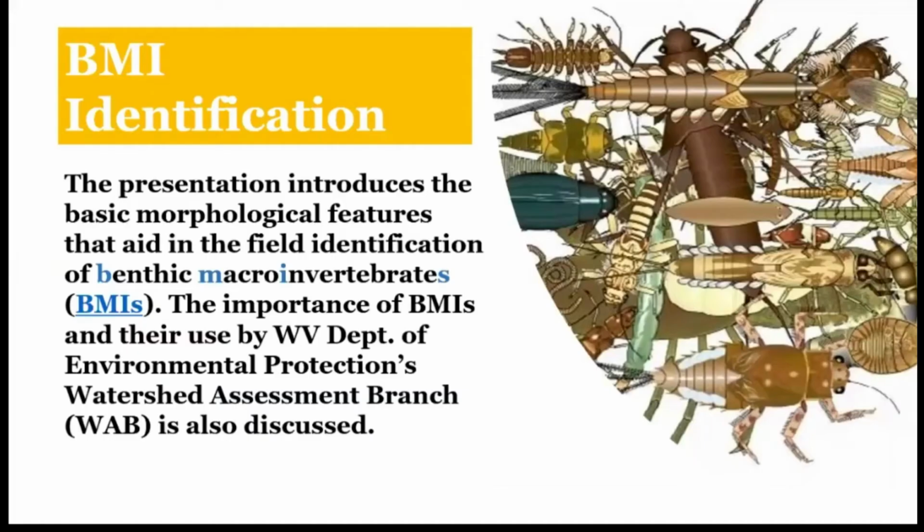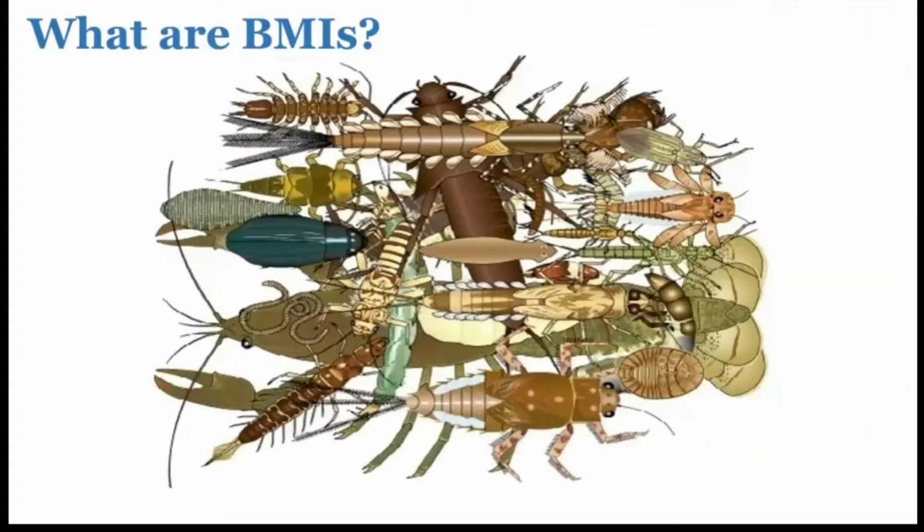This presentation will discuss the basic morphological features that aid in field identification of benthic macroinvertebrates. I'm going to call them BMIs from this point forward. We're also going to touch on the importance of BMIs and how West Virginia DEP's Watershed Assessment Branch uses them. What are BMIs? Everybody take a second.